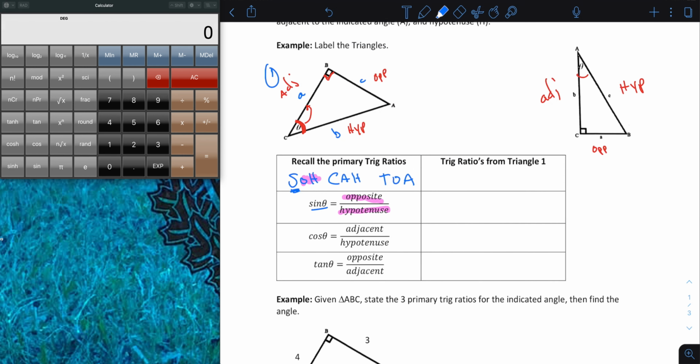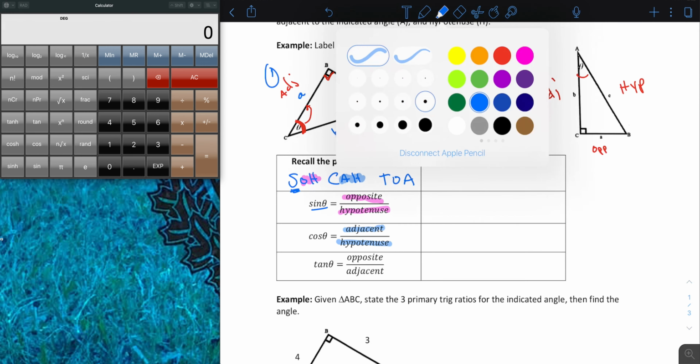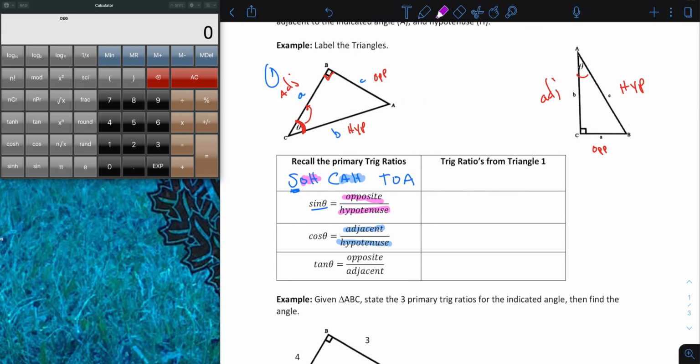Cosine is always adjacent over hypotenuse. Tangent is always opposite over adjacent. You can see how each of these letters comes up here: sine goes with S, cosine with C, and tangent goes with T. This is how you actually write out the three primary trig ratios.